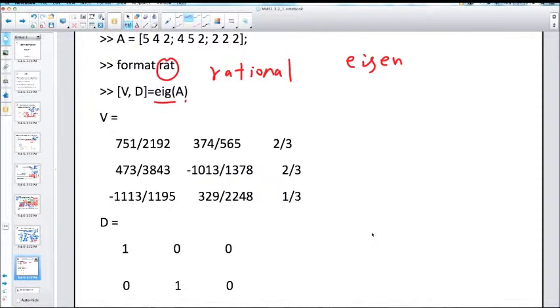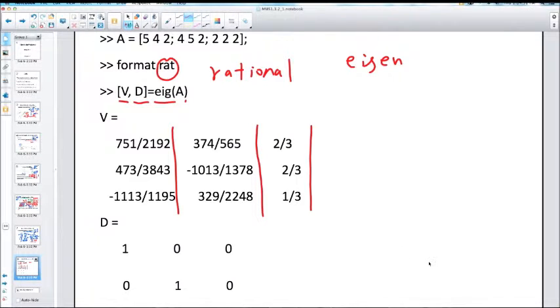On the left hand, you have 2 matrices. They're both 3 by 3. The V is made by 3 columns, and each column represents an eigenvector.